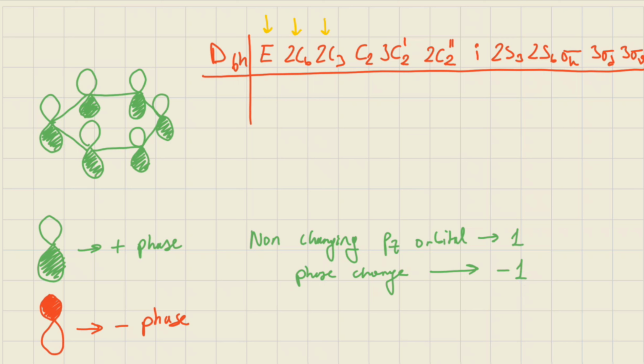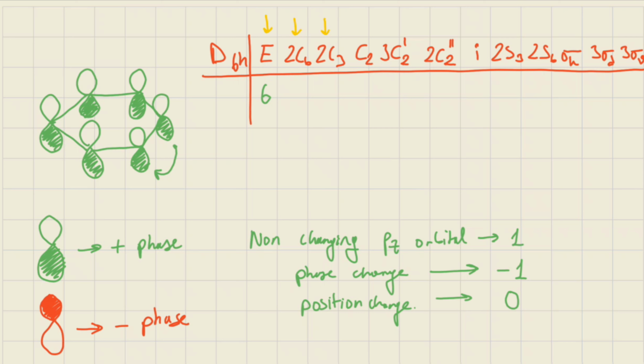If the place of the pz orbitals changes, for instance, if this one goes to here, I will write 0. So, position change. If I apply the E, it means that we didn't make any change, so all the pz orbitals are in the same position, so it is 6.